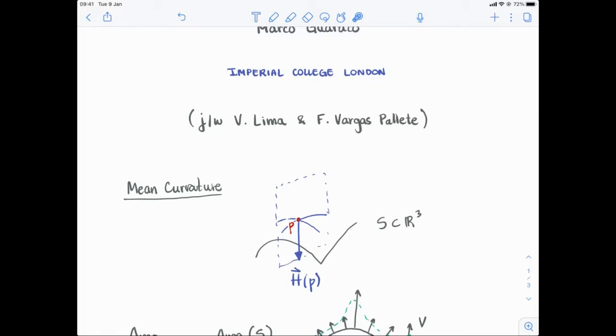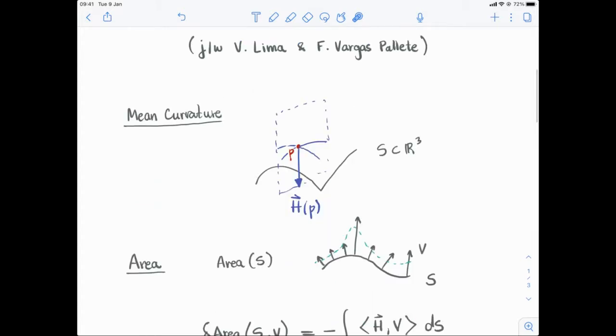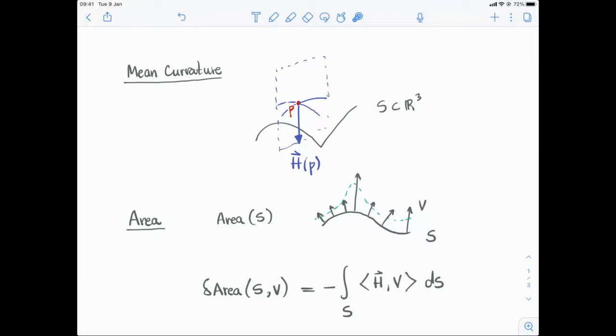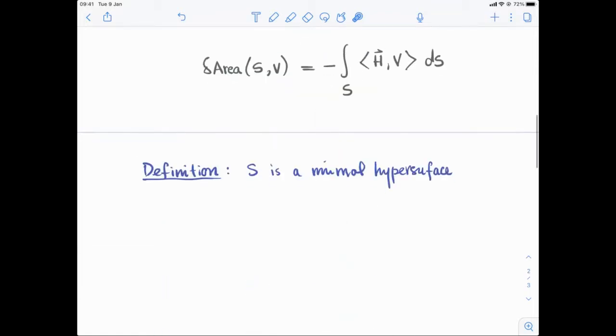You can always do this local construction of finding the directions of the operator and computing the mean curvature vector as a trace of the derivative of the normal vector.